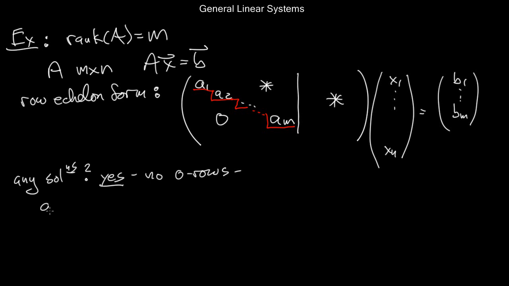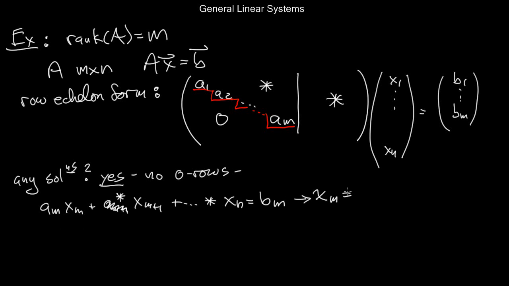The equation that you get from the very last row is am times xm plus something times xm plus 1, and so on. It's not x. I don't care what you call it. It's just a bunch of coefficients times these last variables xm plus 1 to xn, and that's all equal to bm.